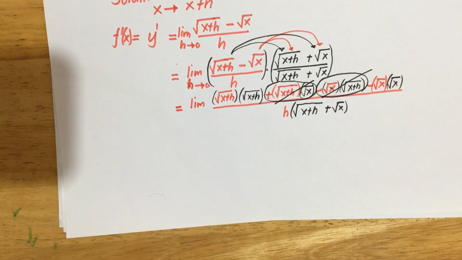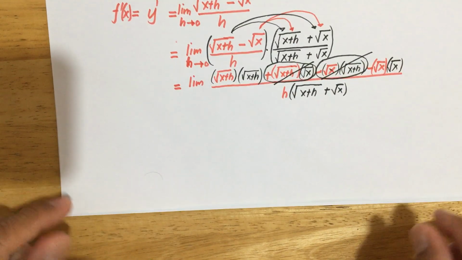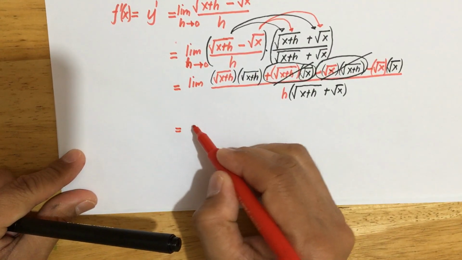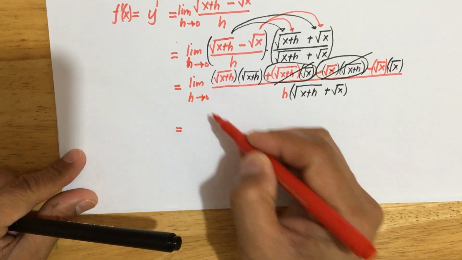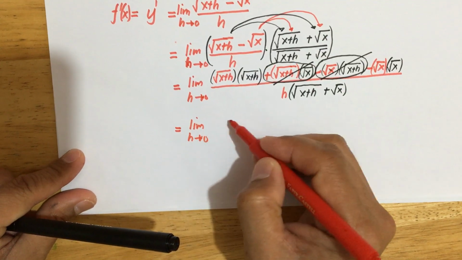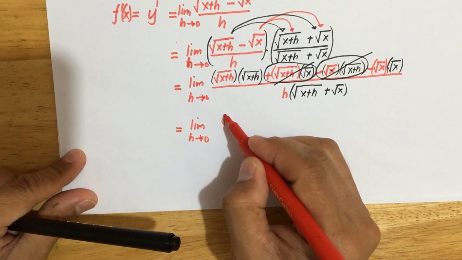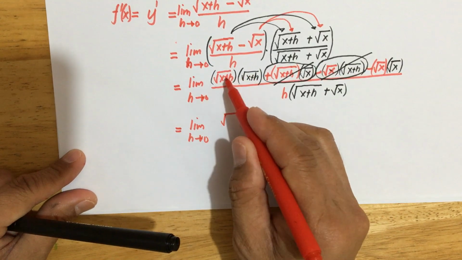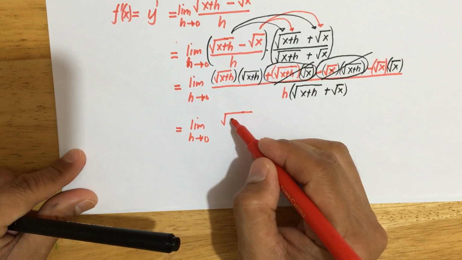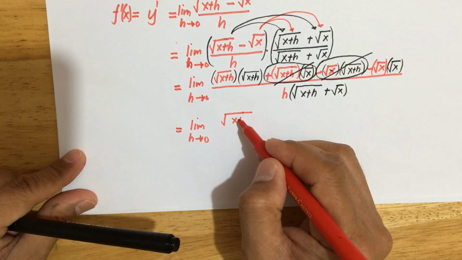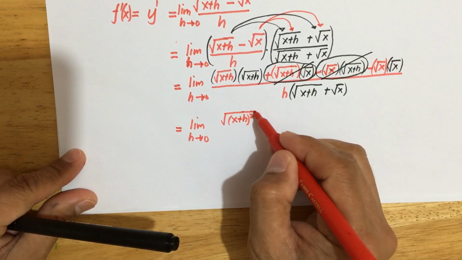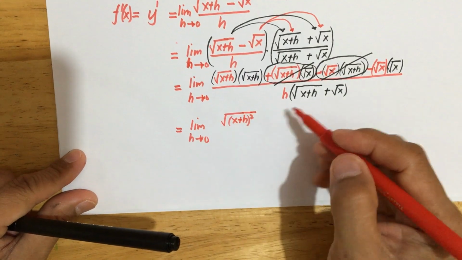The numerator, we can now rewrite it. By the way, this is the limit as h approaches 0. What is left is the square root of... they have the same radical and the same radicand, so you can put them together in one radical sign, but you have to square it, since there are two of them.